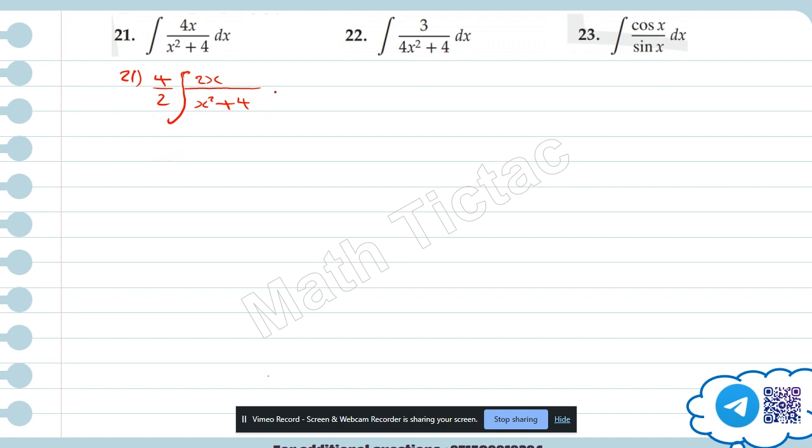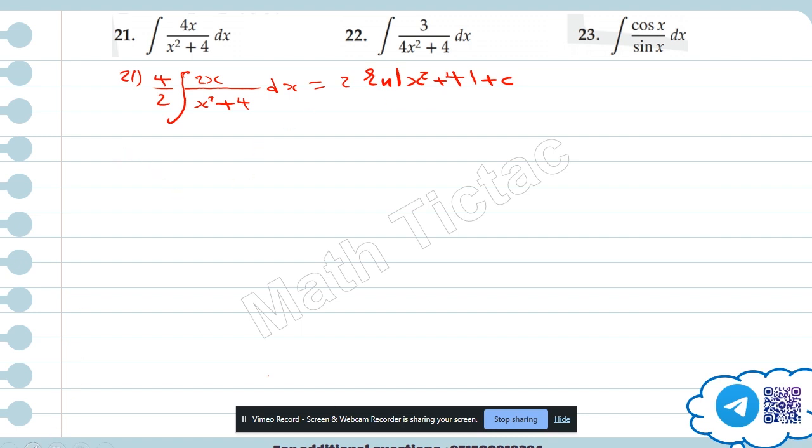So 4 over 2, which is equal to 2. The integration of this, now that the derivative of the denominator is in the numerator, is 2 ln the absolute value of x squared plus 4, and then plus c.